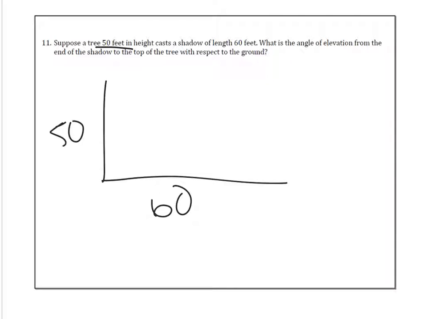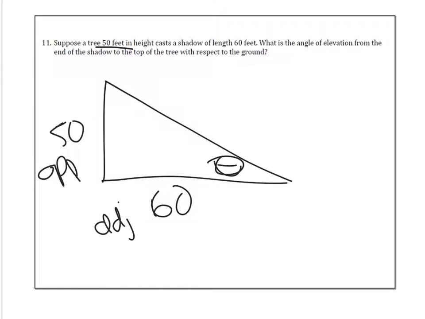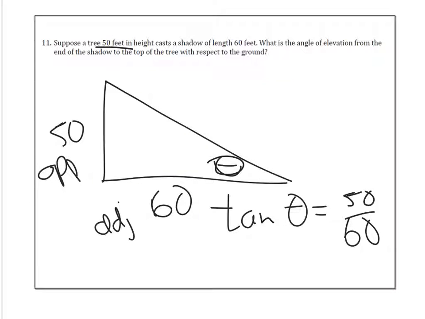So suppose a tree 50 feet in height casts a shadow that is 60 feet. What is the angle of elevation? So again, opposite, adjacent. I want tangent, but in this case, I want to use tangent inverse.